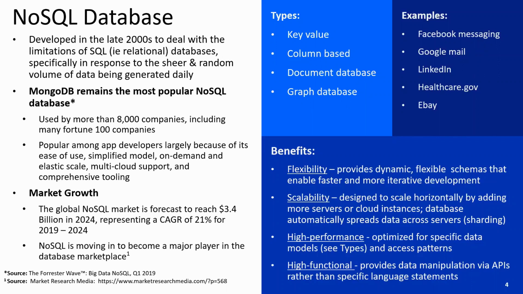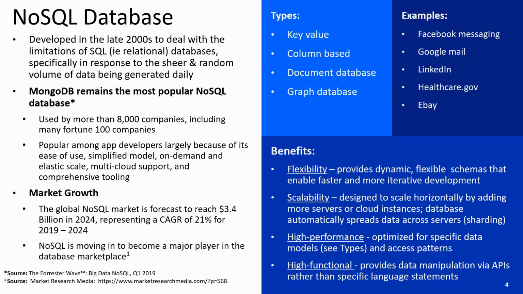NoSQL, on the other hand, really enables rapid, agile application development with less database administrator overhead because the data schema is very flexible. And they're optimized for this new type of business application centered around social media posts, photos, videos, email, you name it, anything that's coming in.